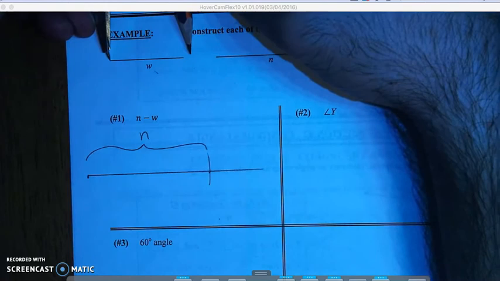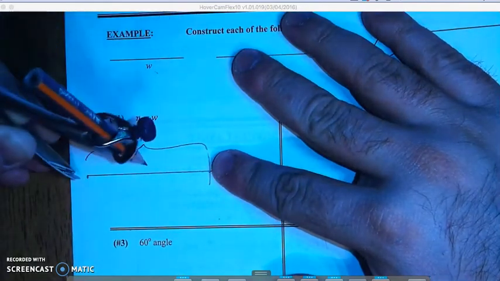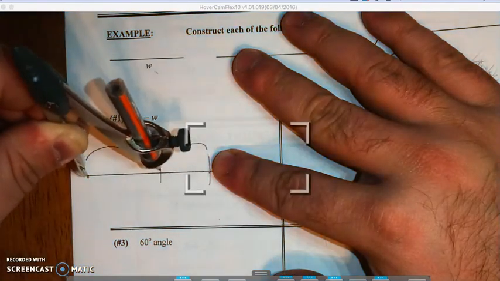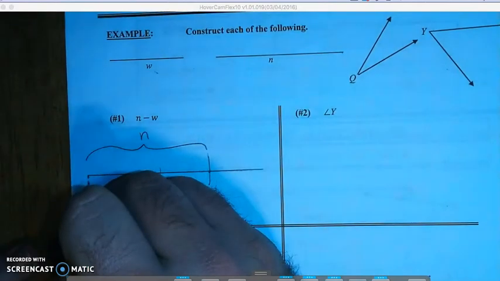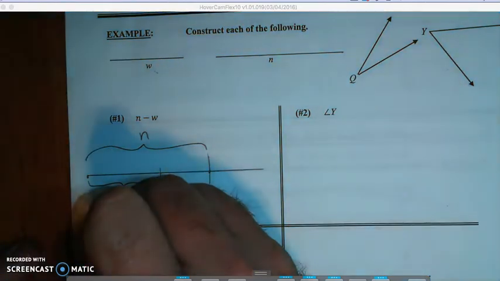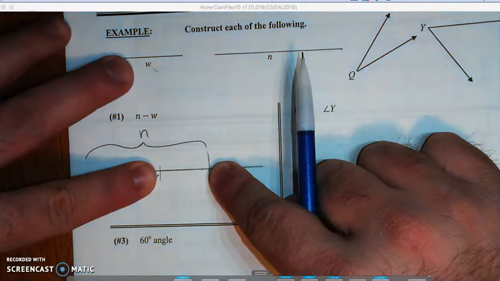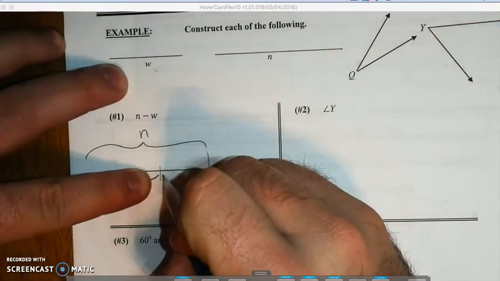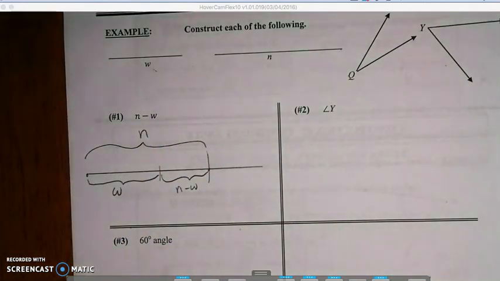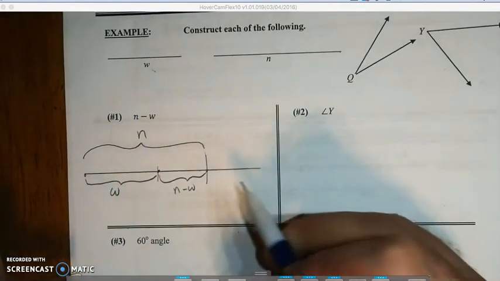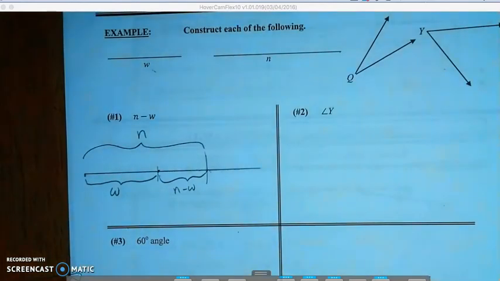We're going to close our compass so it's to W. And so I'm looking at N. I'm going to start at the same endpoint, and I'm just going to copy down W. So now I know that from here to here is W. If I have N and I take away W, so N minus W, I'm going to be left with this piece, N minus W. So I just constructed N minus W. There's a lot of other stuff here, but this is what I was looking for. And we were able to do that without a ruler.